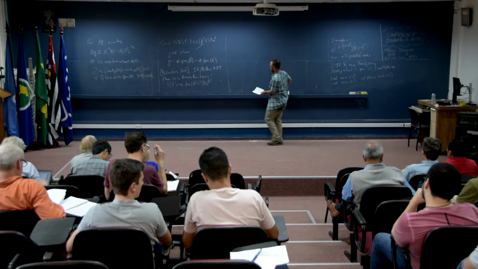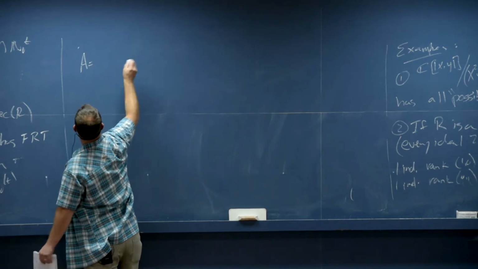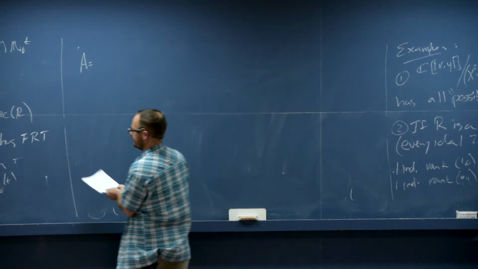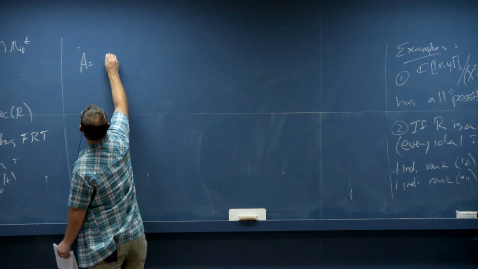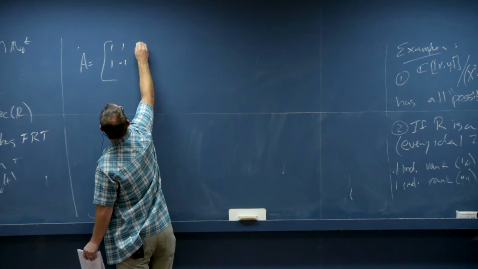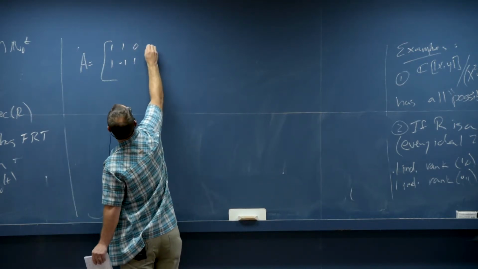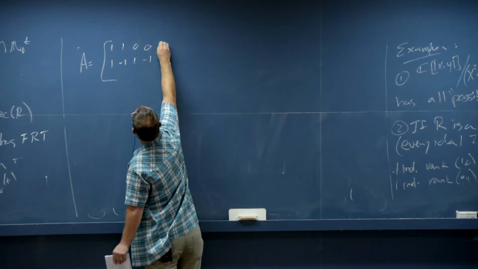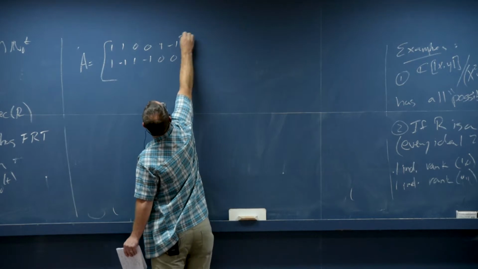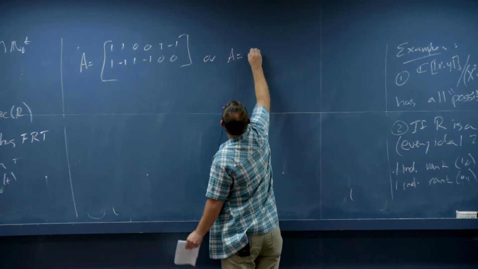And I'm erasing the proof, but where A is something that looks like this. Let's see. And something that looks like this. Or A is just trivial.